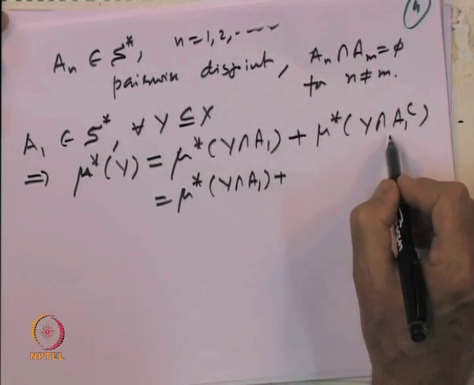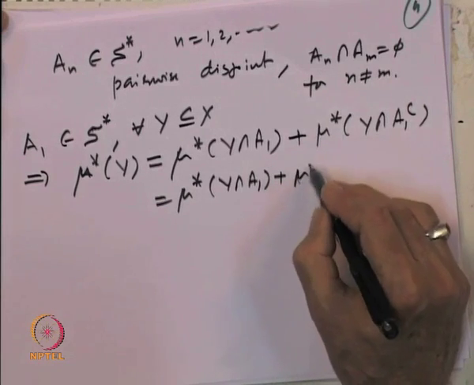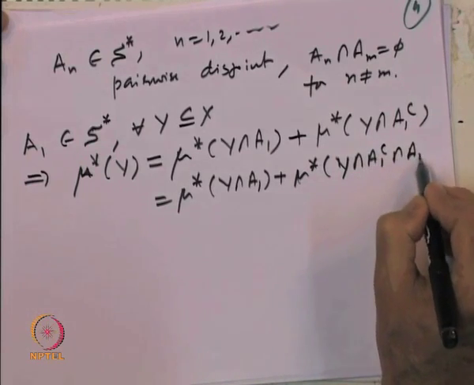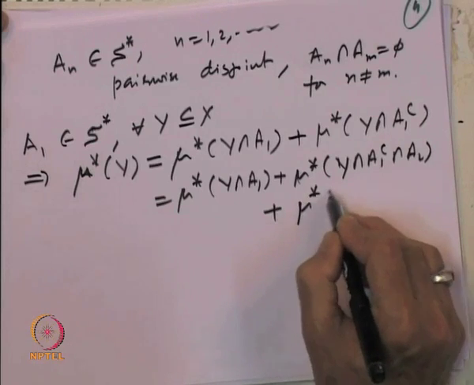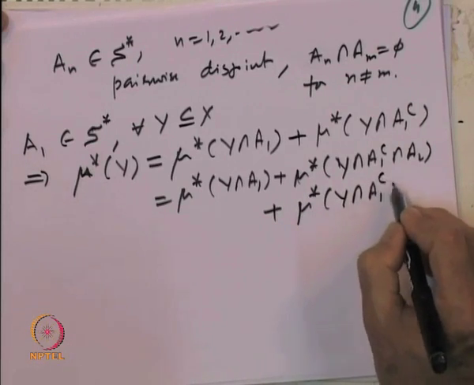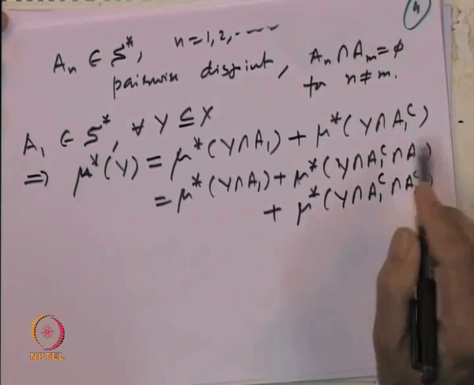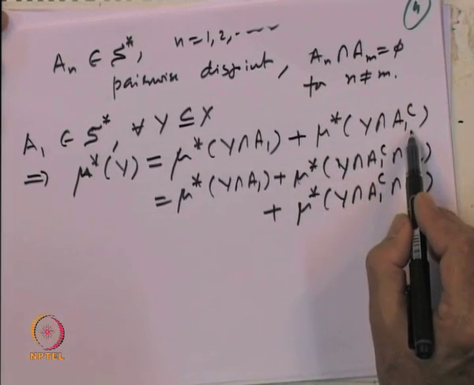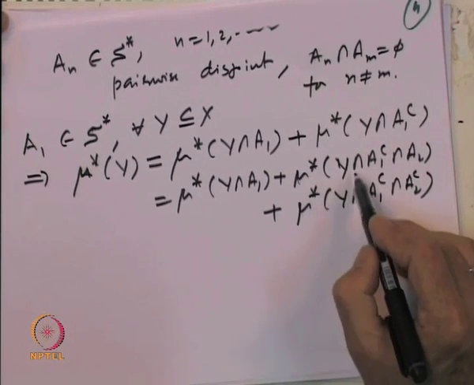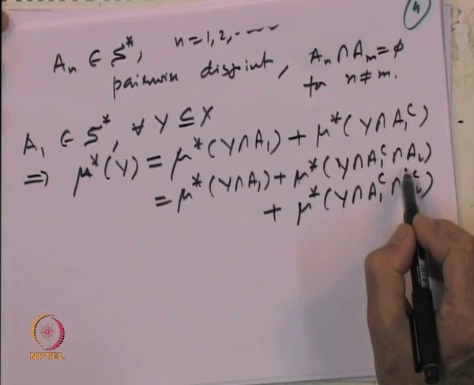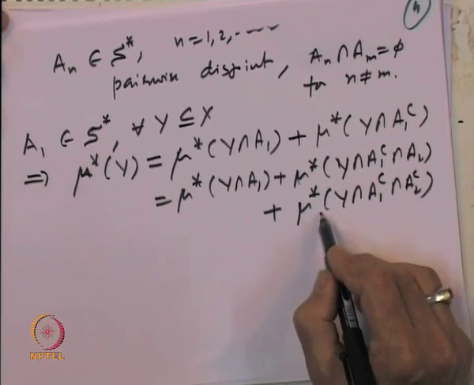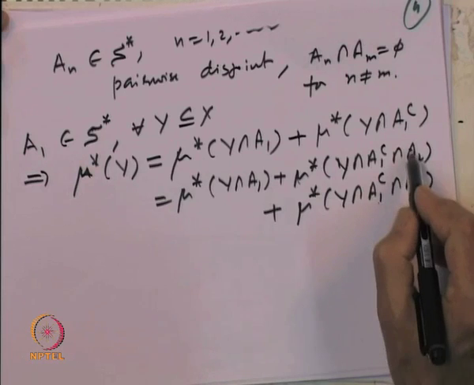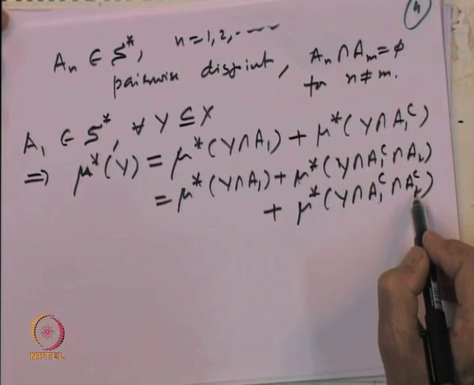Since A 2 is measurable, the mu star of this set can be written as mu star of y intersection A 1 complement intersection A 2 plus mu star of y intersection A 1 complement intersection A 2 complement. So, here we have used the fact that A 2 is measurable.